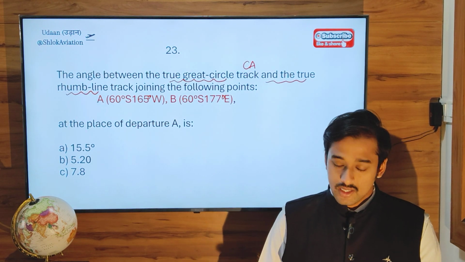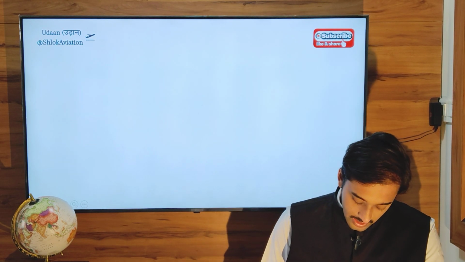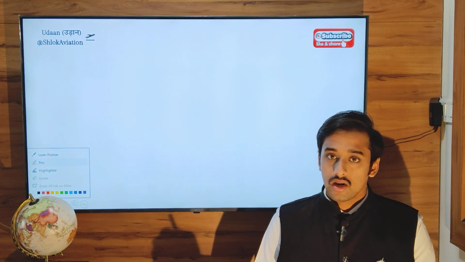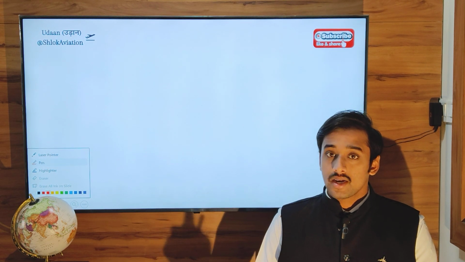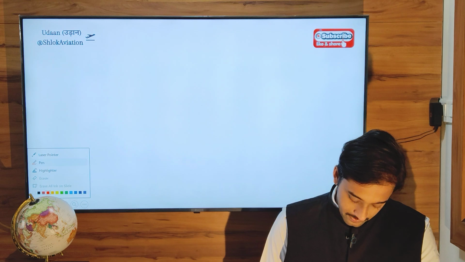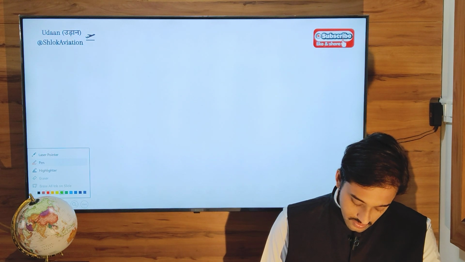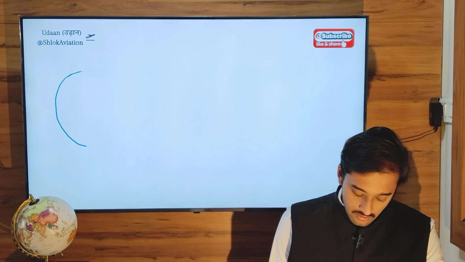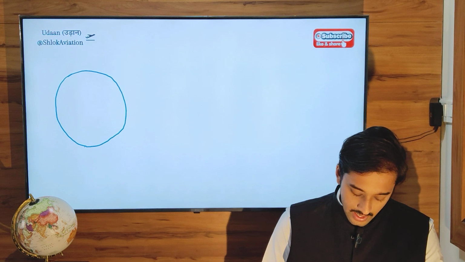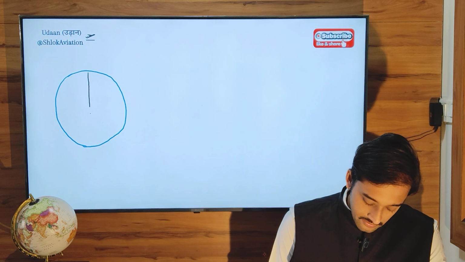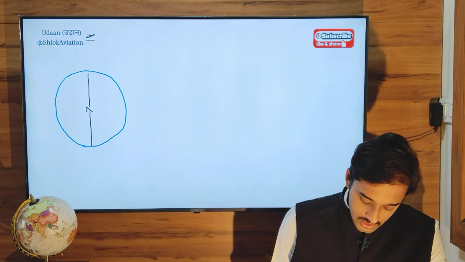So let's plot this diagram. Both are located at same latitude and different longitudes. That means there will be a Rhumb line joining them. So this is your Earth. Whenever we want to draw a diagram of longitude, I have always told you to do a diagram like this for longitudes. This is your North Pole.